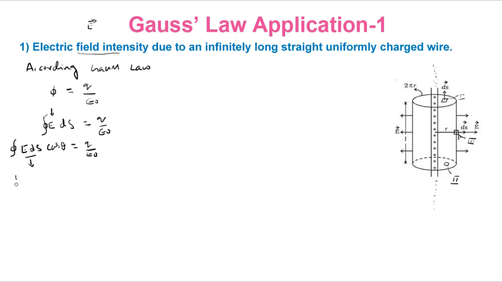So this is equal to the integration of E into ds cos theta for the first part, plus the integration of E into ds cos theta for the second part, plus the third part, E into ds cos theta, which is equal to Q by epsilon naught.